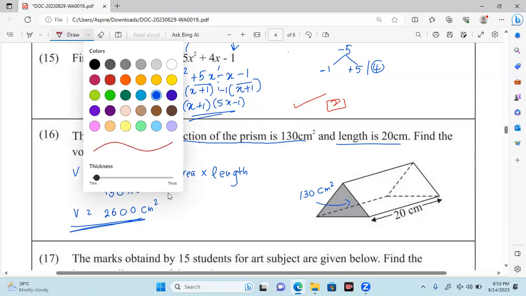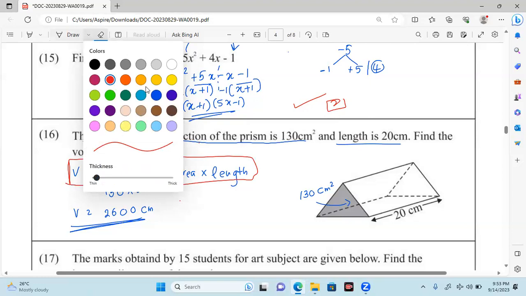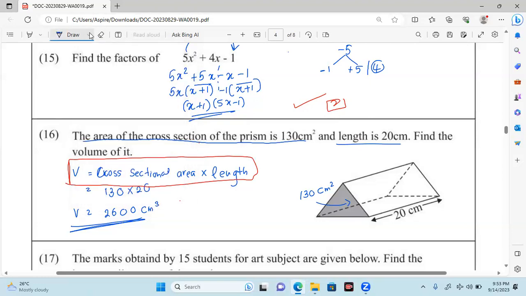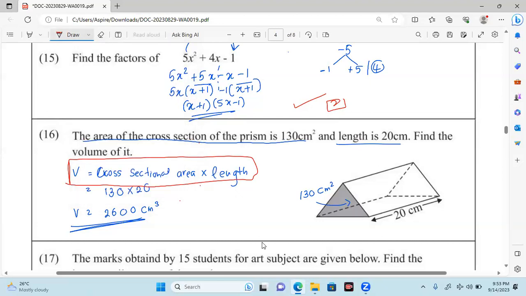Then when you are given the marks, if you want, you can write cubic. Yes, yes, it's cubic. No need to write this formula in the exam. You should have written this calculation and the answer. Then all together you are given 2 marks. Okay.